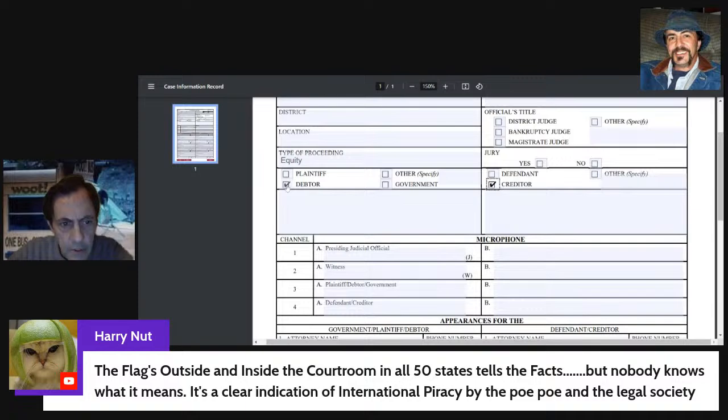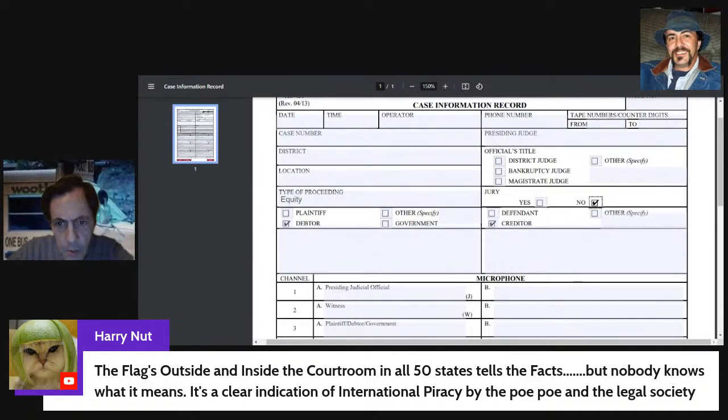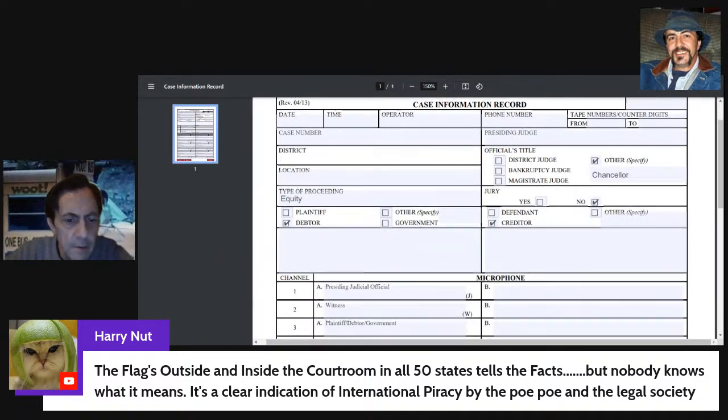But as creditor versus debtor, you have no jury, there's no district judge, there's no bankruptcy judge, there's no magistrate judge, but there is a chancellor. So you assign him as chancellor, and you put that name up there. Put your case number, whatever district it's in, Blackhawk County Court, State of Iowa, 7th district, whatever.